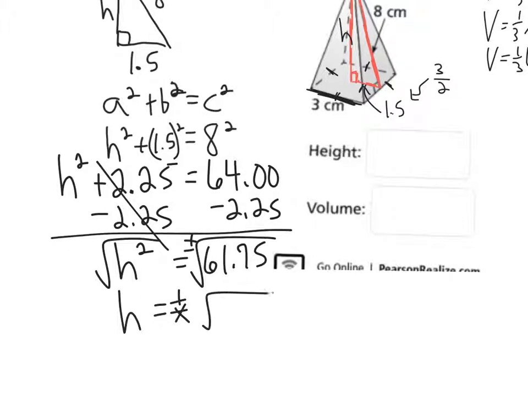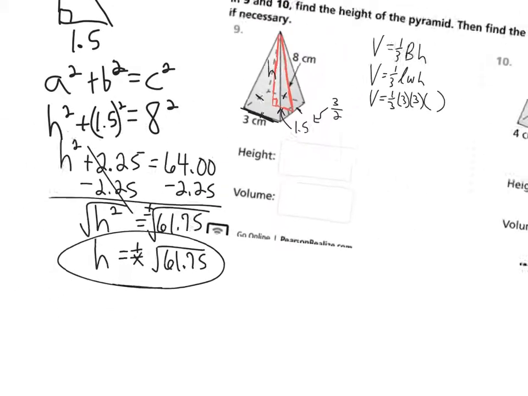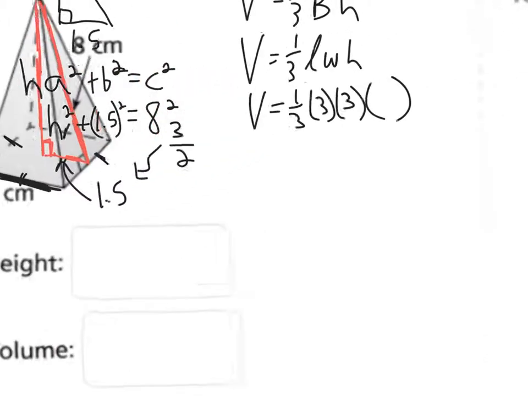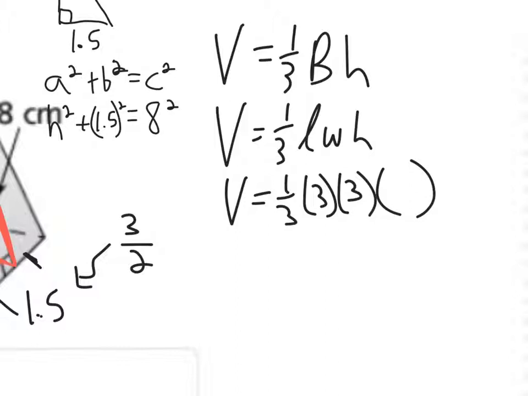Since that square root doesn't come out nicely, I'm just going to keep it there so I don't have quite as many decimals to deal with when I'm going to figure my volume. So height is the square root of 61.75, and now we can just substitute that in our formula.